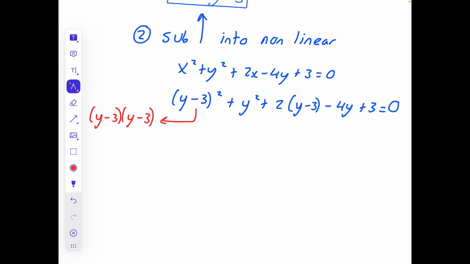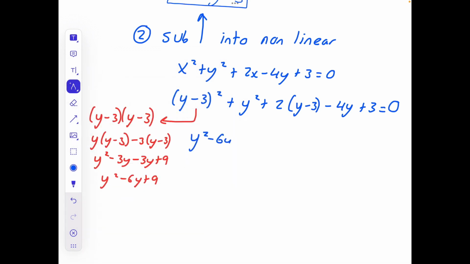So now I'm going to multiply out those brackets. Okay, so what I'm going to do, write down the second bracket twice, split up the first bracket, multiply that out. I get that y minus 3 to be squared is y squared minus 6y plus 9.